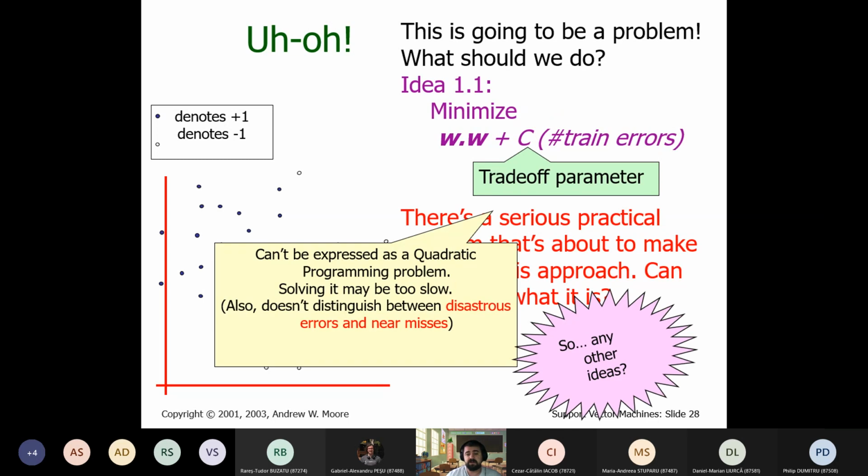Moreover, there is another problem. If we use this definition, the norm of W plus C multiplied by the number of training errors, this cannot be expressed as a quadratic programming. So we need to find a different way to solve it. Different way meaning probably gradient descent.